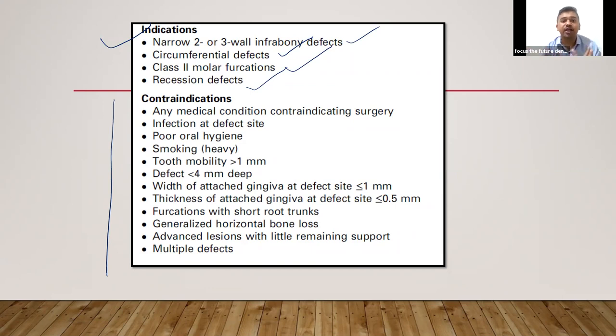All of this combined together gives you a regenerative therapy. We'll study periodontal regeneration separately, but just to give you an idea, it's not just GTR. There are many factors which play a role in complete regeneration. So these are the indications and these are the contraindications. Not going into the details of contraindications, but these are the ones you should be aware of before you select a case for regenerative procedures or even placement of a GTR membrane.